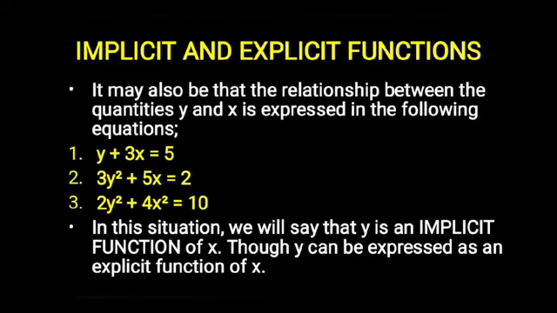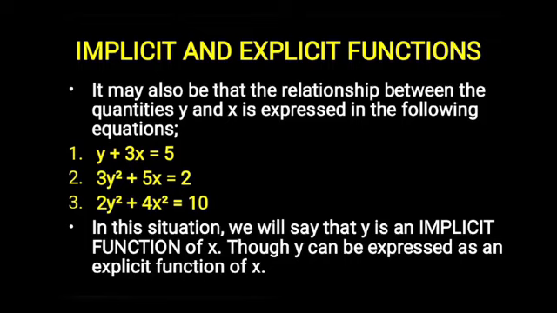In other cases, it may also be that the relationship between the quantities y and x is expressed in the following equations. Number 1 is y plus 3x is equal to 5. Number 2, 3y square plus 5x is equal to 2.